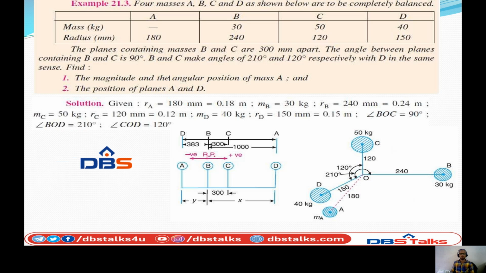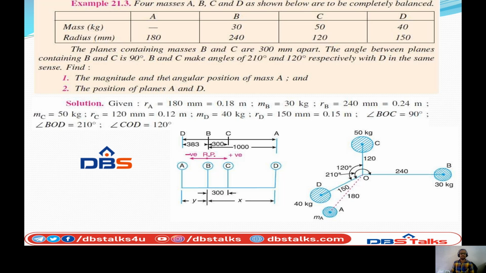Then one more problem we are solving here. Four masses A, B, C, D, which are shown, are to be completely balanced. The mass of A, mass of B, mass of C, mass of D are given, and the radii of rotation are also given.